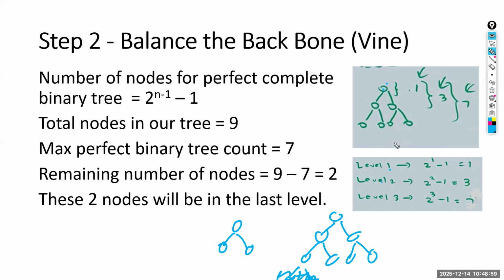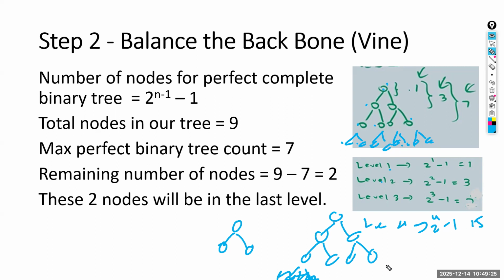Level 3 perfect binary tree has 1, 2, 3, 4, 5, 6, 7 nodes. So likewise level 4 will be having another 2, another 2, another 2, another 2. That means 1, 2, 3, 4, 5, 6, 7, 8, 9, 10, 11, 12, 13, 14, 15. And 15 will be 2 to the power 4 minus 1, 16 minus 1.